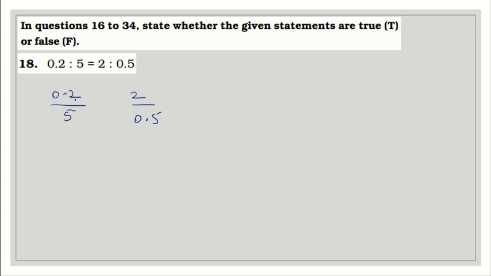See, 0.2 upon 5, if you simplify it, in fact, 0.2 can be written as 2 by 10.